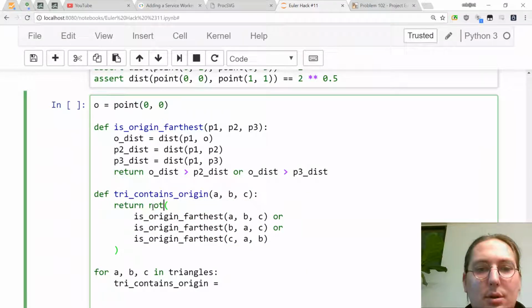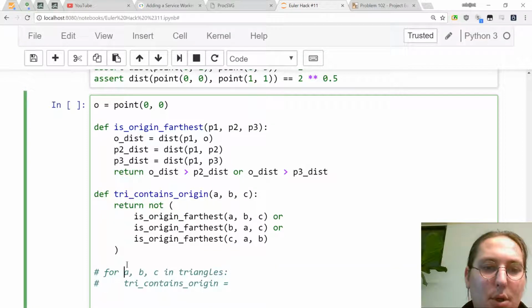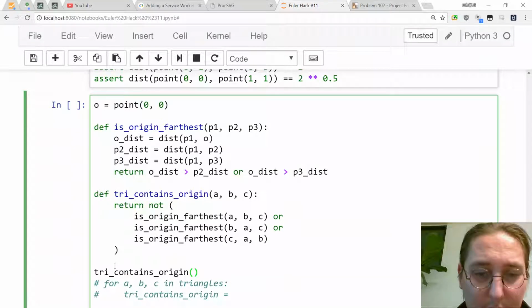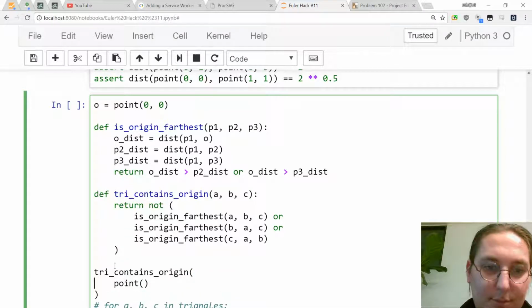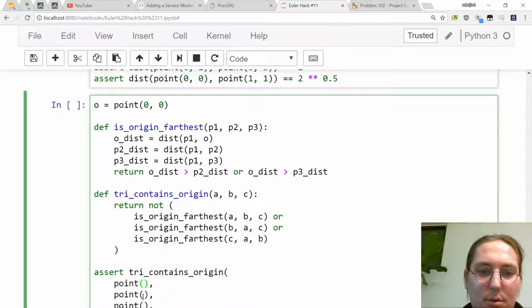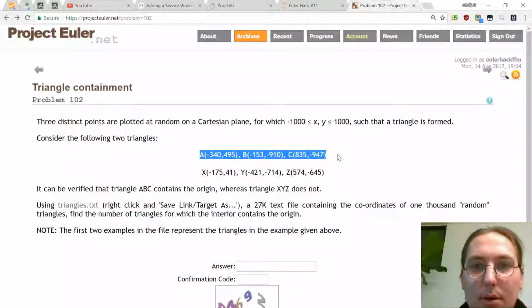So let's just copy this out. So does the triangle contain the origin? I don't know, what do we do? Something that we know contains the origin. ABC contains the first example. Okay. The first contains it, the second not.